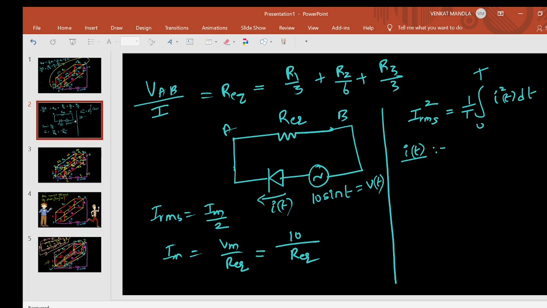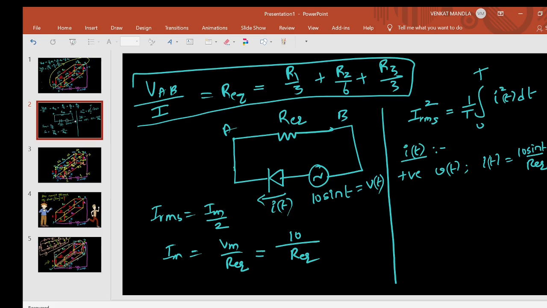For positive half cycles the current flows, and that current is 10 sin t by R equivalent. R equivalent is the one we got. For negative V of t, I of t is 0.